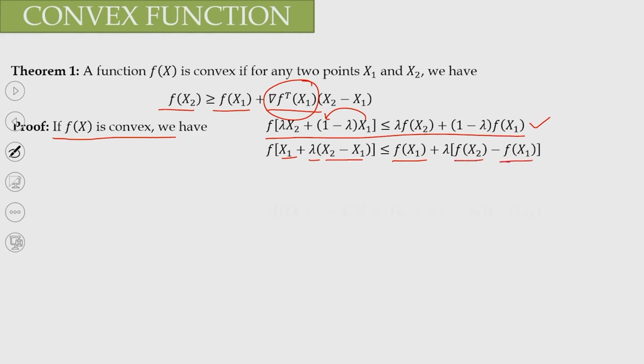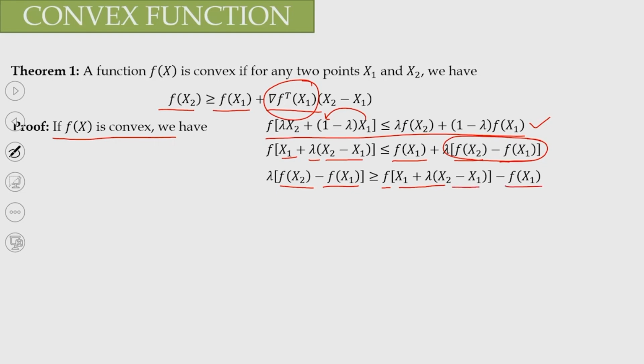So, I can write like this. If I rearrange the terms, let us take this term on the left hand side. I can write lambda (f(x2) minus f(x1)) is greater than or equal to f of (x1 plus lambda (x2 minus x1)) minus f(x1). Okay.